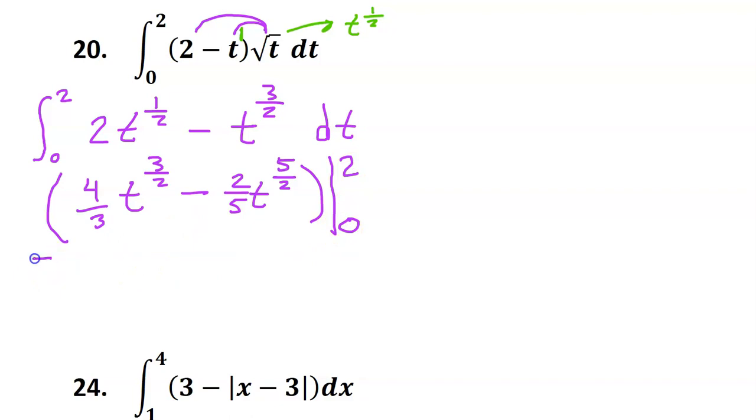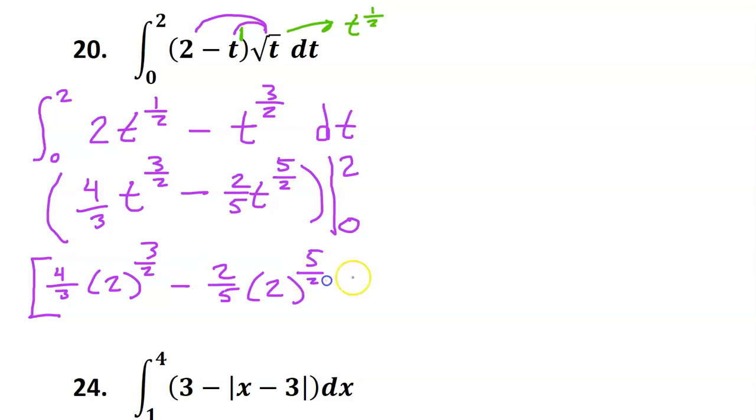I'm going to evaluate at the upper limit and then subtract the value at the lower limit. At the upper limit, that's just going to be 4 over 3 times 2 to the 3 over 2 power minus 2/5 times 2 to the 5 over 2 power. So that's the value at the upper limit.